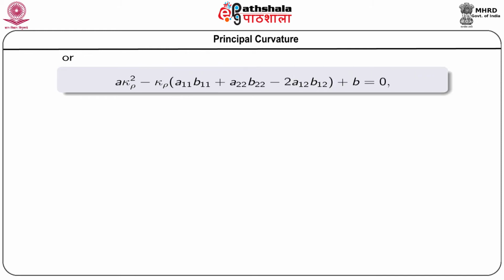Now, we know that a11 a22 minus a12 square can be written as a, because it is the determinant of a alpha beta, and in the last term also b11 b22 minus b12 square can be written as b, that is the determinant of b alpha beta, and the middle term is this one. So, the previous equation takes the form a kappa rho square minus kappa rho into a11 b22 plus a22 b11 minus 2 a12 b12, plus b equals 0.